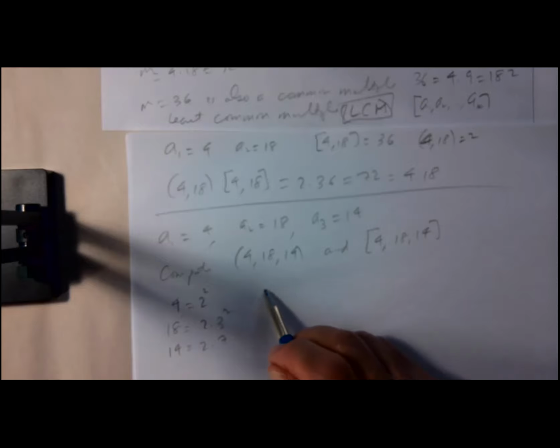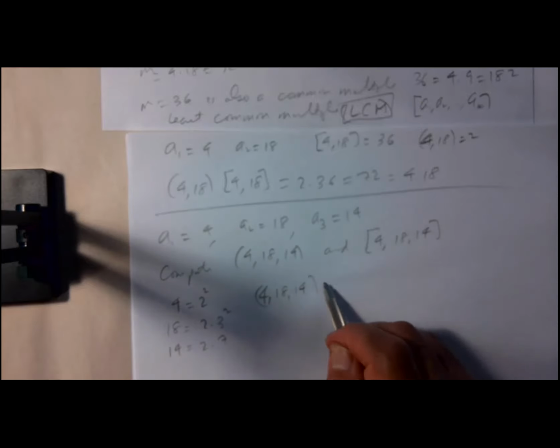So the number 2 clearly divides all three of these numbers. 2 squared doesn't divide 14 or 18. 3 doesn't divide 4. 7 doesn't divide 4 or 18. Any other prime doesn't divide any of these. So just by looking at the factorizations, you see that for 4, 18, 14, the greatest common divisor has to be 2.